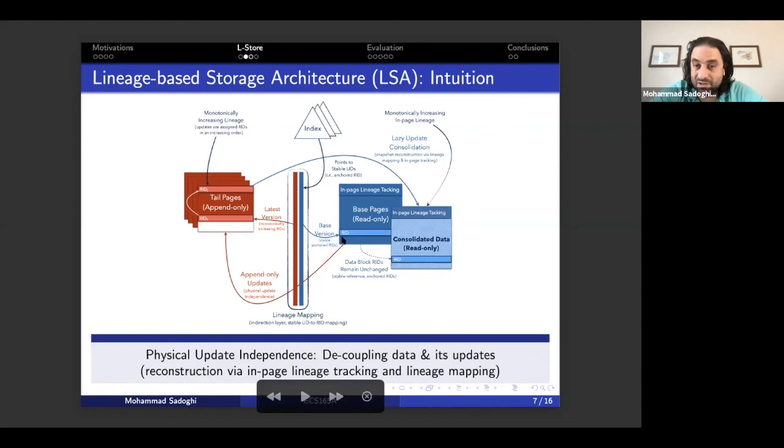For example, if a base record, say base record 5, was never updated, in its indirection column I could just put 0, or I could just put -1. And -1 means this record has never been updated and also has been deleted.